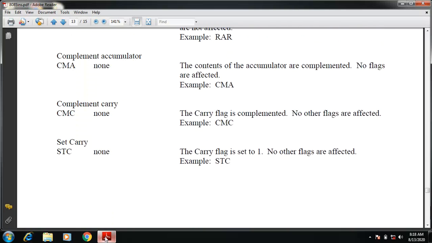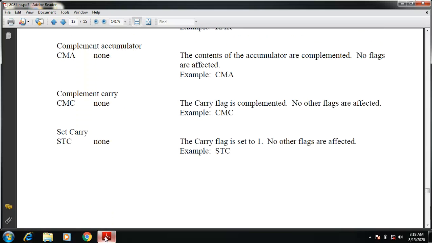Okay, next, complement accumulator, that is CMA. CMA is complement accumulator. The content of the accumulator is complemented. No flags are affected. What is the meaning of CMA? That is the content of the accumulator.